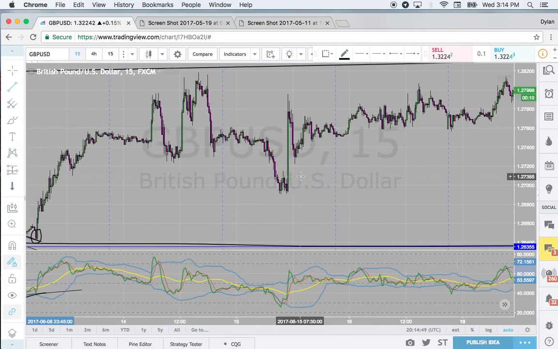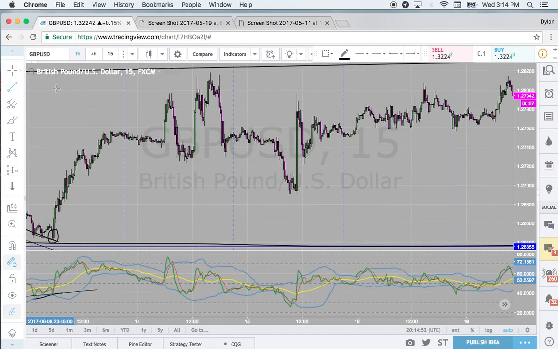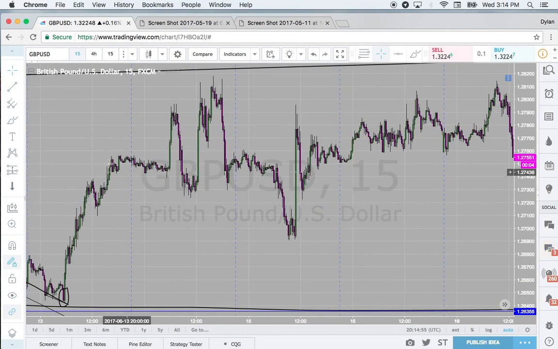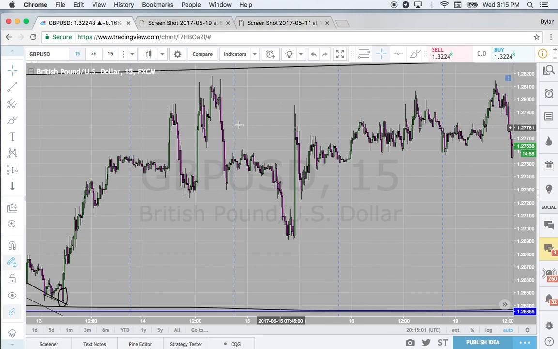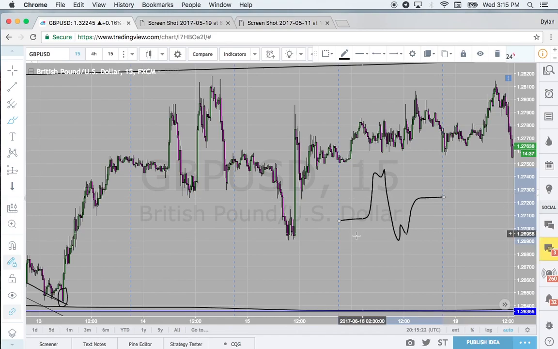So here is an intraday. Basically, I would say out of the week, there are 5 days in the trading week, and 1 or 2 of the 5 days consist of this pattern. We can see it here. We can see it here.